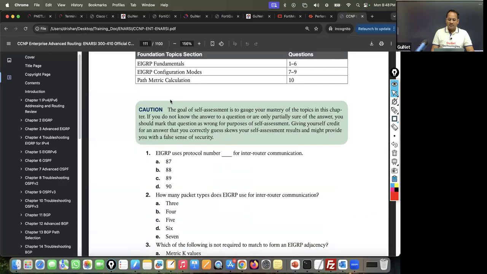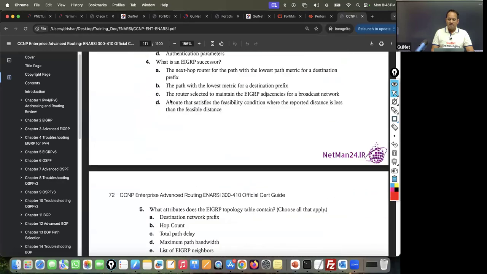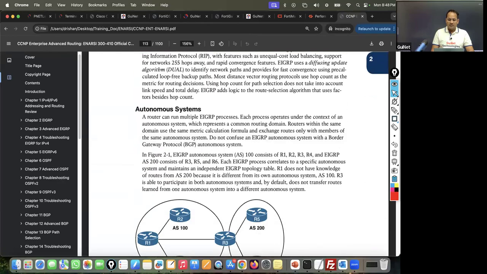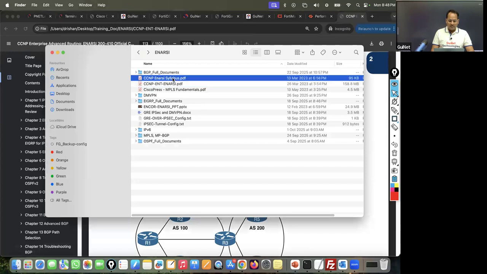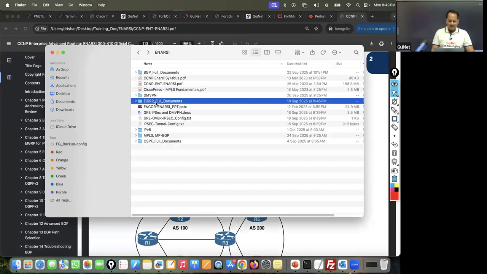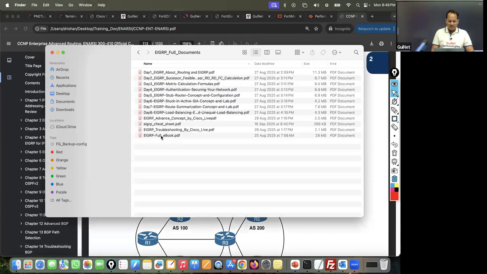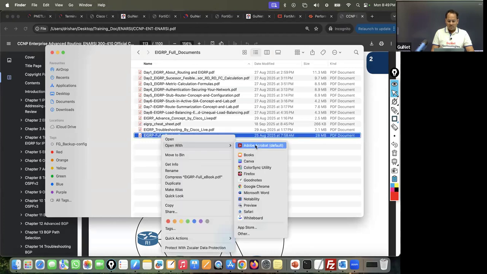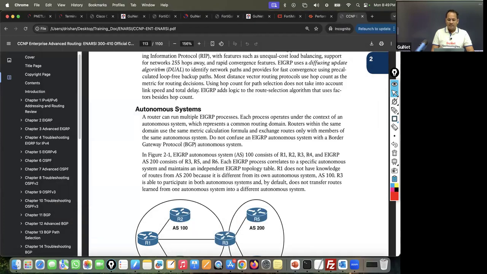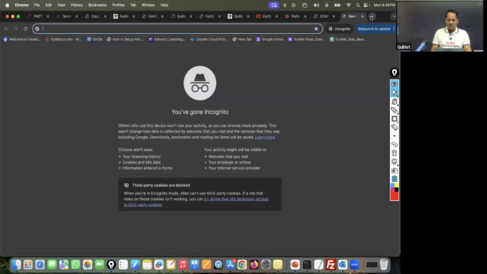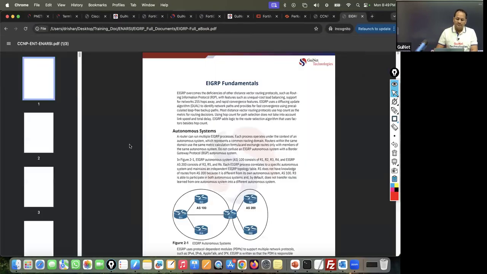Why EIGRP? So in this EIGRP, we have some quizzes and everything. I believe, just hold on. Let me, hold on guys. I believe, let me open this one. It's going to be more useful, I believe. Yeah, okay. Definitely I'll refer this book as well, but let me put this one.